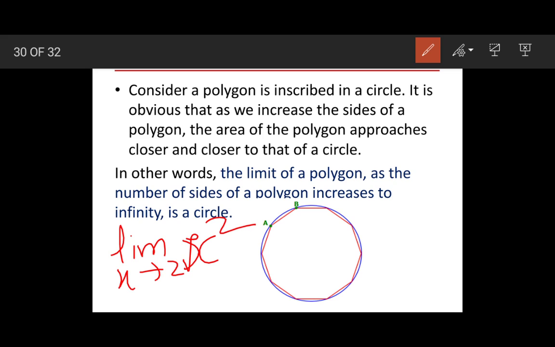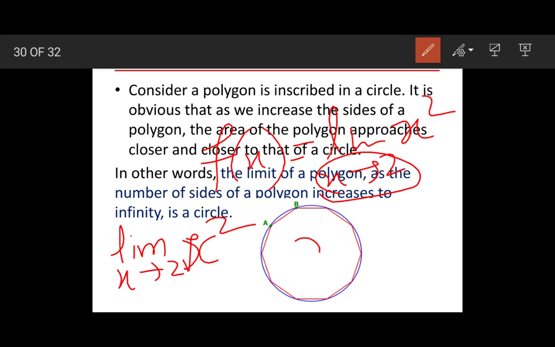Here x tends to 2 means the value of x is close to 2, nearby 2, but it is not exactly equal to 2.